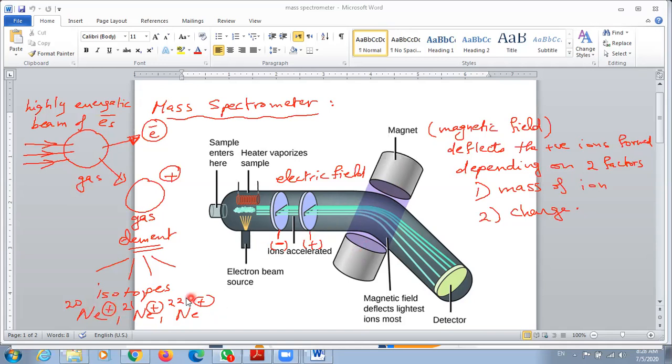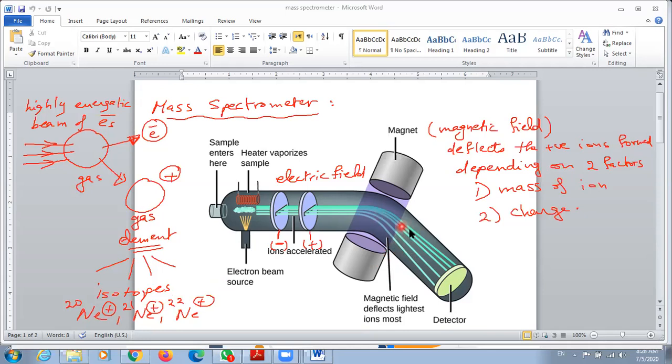Now, these 3 isotopes are found here together, but when they are subjected to the magnetic field of the magnet, each ion is going to be deflected by a different degree depending on its mass. So the magnetic field will separate the different ions from each other. The neon 20 will separate from the neon 21 and the neon 22.